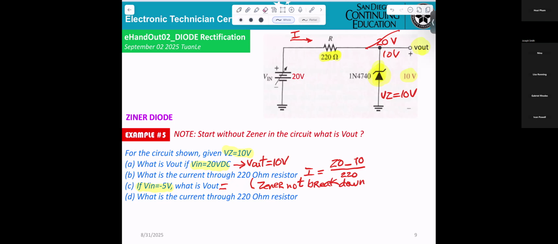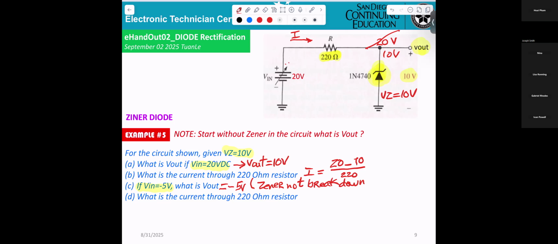VD equals VA minus VC, equals 0 minus -5, equals 5 volts.